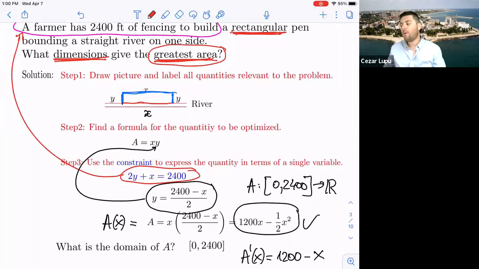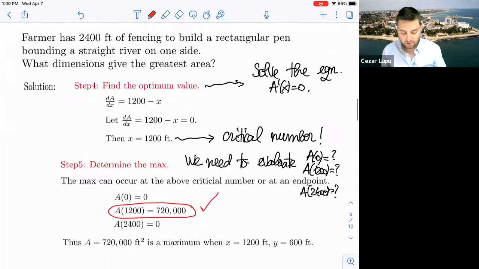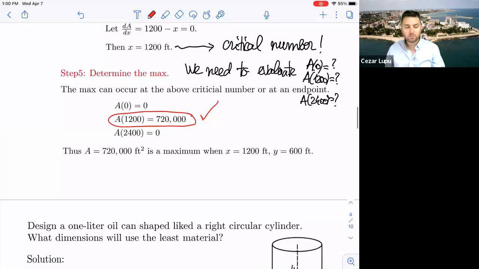All right, now let me show you another application, and this will be more for chemical engineers. Look at this here. We would like to design a 1 liter oil can shaped like a right circular cylinder.